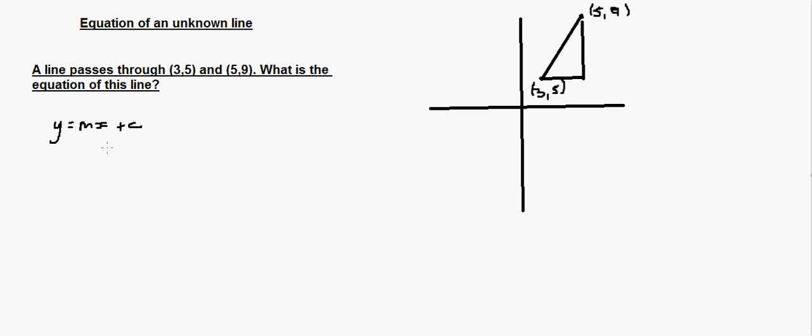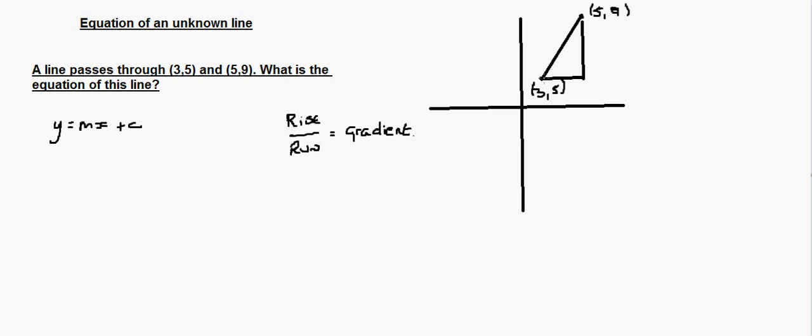Now, apart from y equals mx plus c, I also know that rise over run will give me the gradient. Okay, so I can't see here where the c value is, the y-intercept, because it's only a sketch. But what I can do is I can work out the gradient.